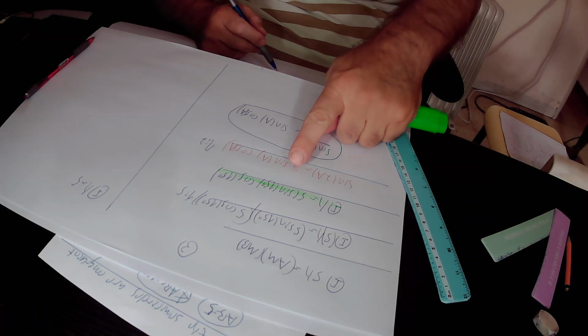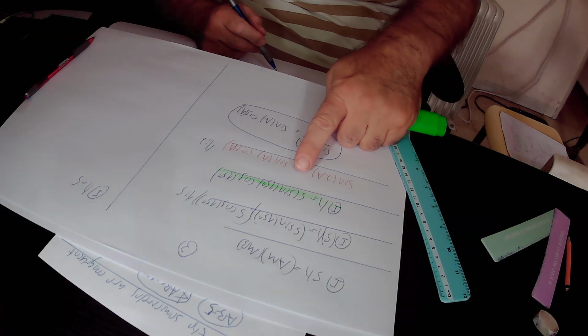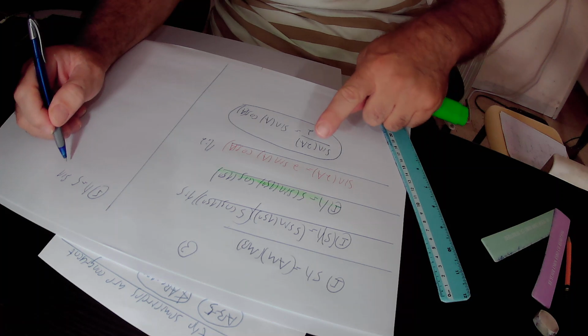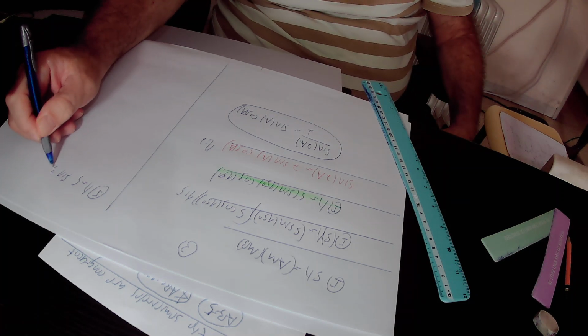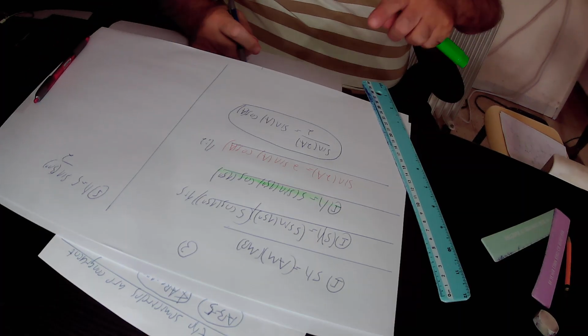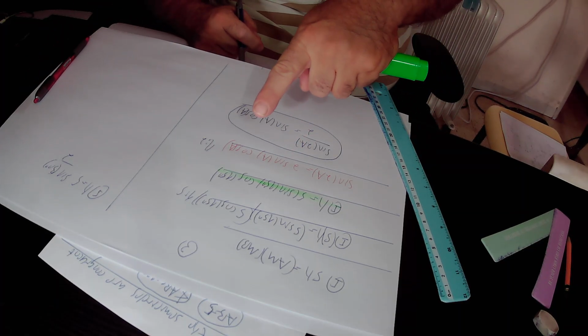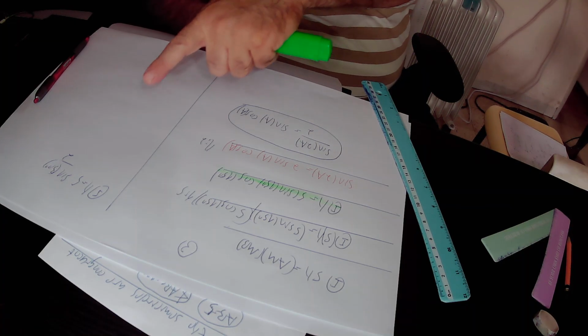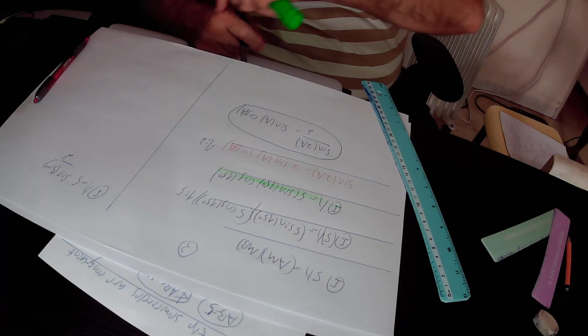Therefore sin 15 degrees times cos 15 degrees equals sin of 2 times 15 degrees, that is 30 degrees, over 2. So in total, according to this trigonometric identity, it equals sin 30 degrees over 2.